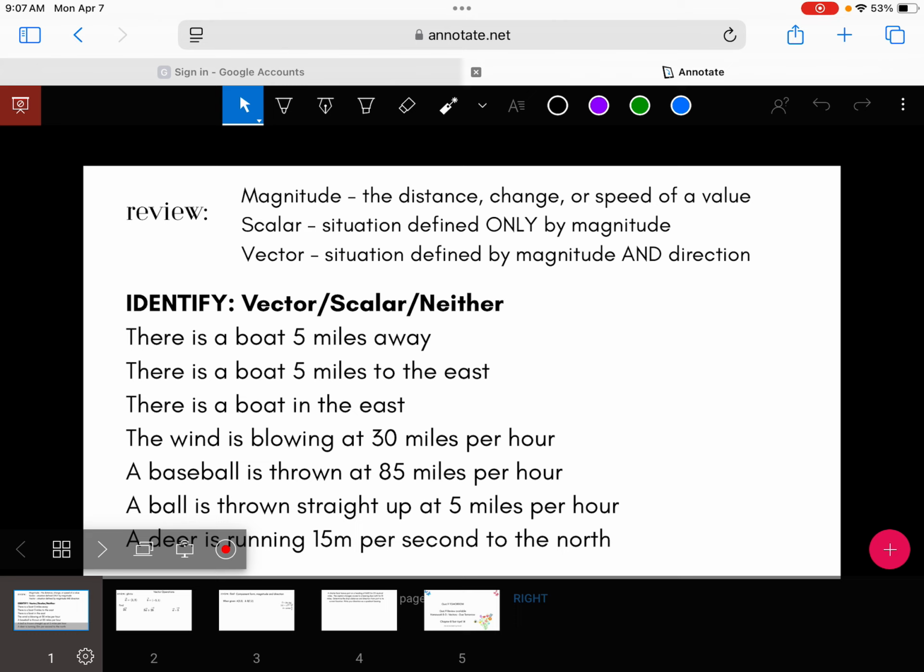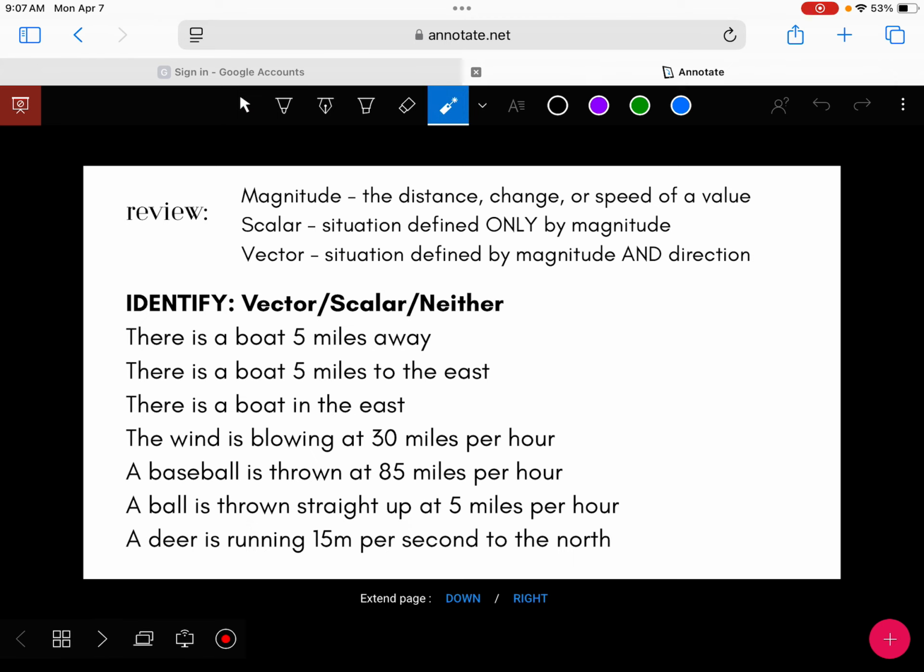Our three main vocab words, at least for the beginning: we've got magnitude, which is kind of our distance, change, the speed. The scalar is something that's defined only by its magnitude, like a distance or a speed. And the vector has both magnitude and direction, so vectors include the direction.